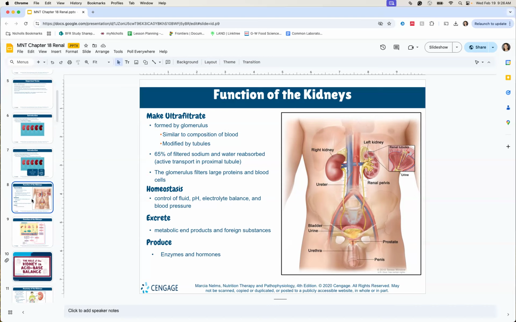In the glomerulus, whenever we are making ultrafiltrate, we are working to reabsorb a large amount of sodium and water. And if you remember correctly, by reabsorbing that sodium and water, our kidneys are helping to maintain normal fluid and electrolyte status.